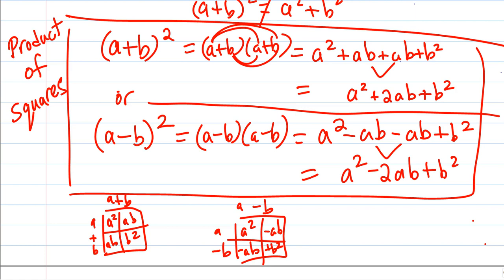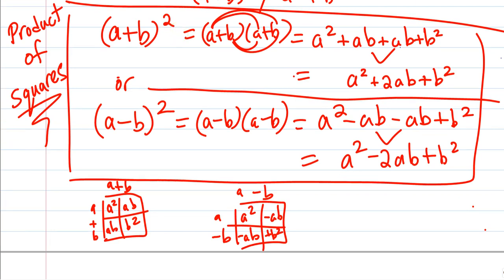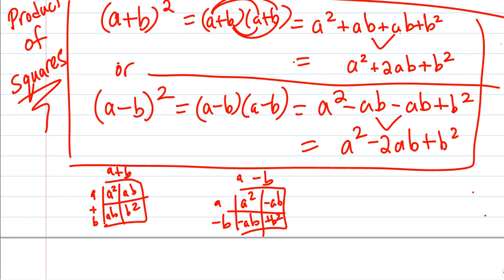But here's one reason I like this. This is called a product of squares. And why do they call this a product of squares? Well, you're like, well, we're squaring it. Okay, but this is where I think the area model actually has kind of an interesting application, because what is a square? What makes something a square, right? All 4 sides are the same.